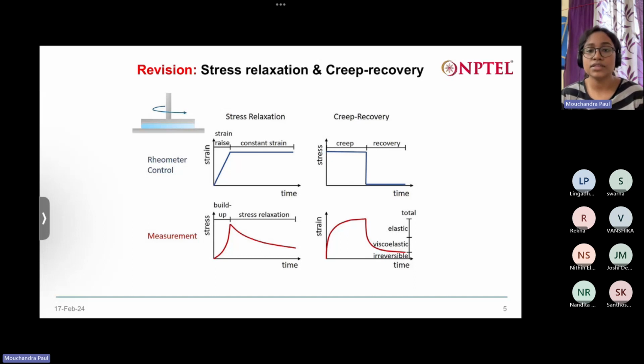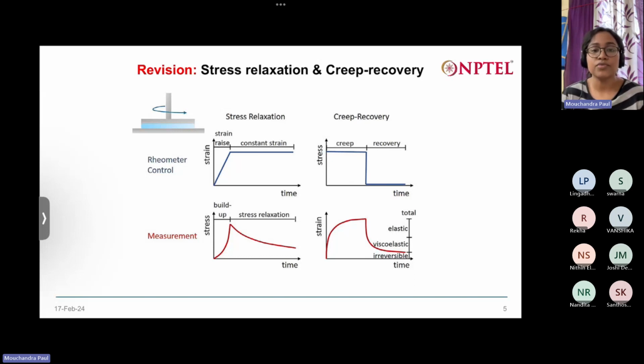So I'll briefly discuss that and introduce you to a few additional topics that will better help you understand these two properties, stress relaxation and creep recovery of viscoelastic materials, which are not covered in Professor Doble's lectures, but I found this content from a polymer science lecture of NPTEL only. I'll briefly tell you so that you will better understand the significance of the expressions that you used for solving those equations on stress relaxation and creep.